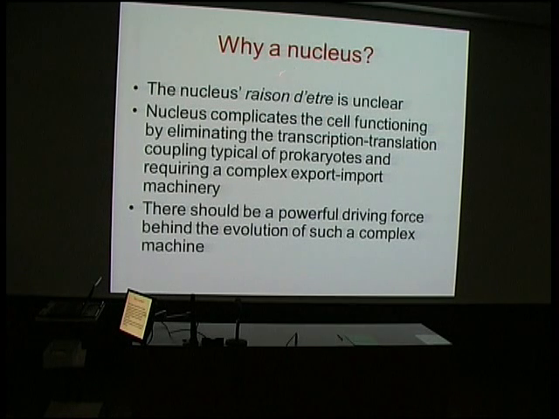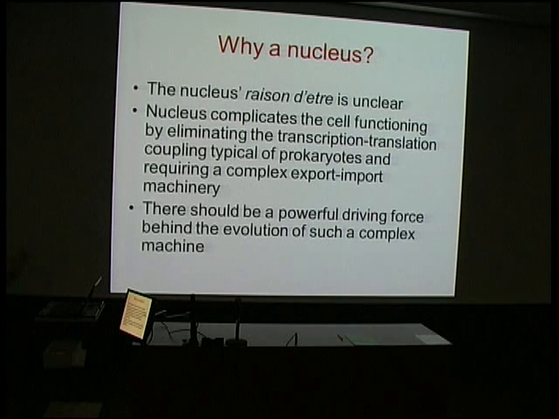So it's natural to ask the question, why would you want to have a nucleus? The raison d'être for having the nucleus is actually very unclear if you think of it, because the existence of the nucleus dramatically complicates the function of the cell by eliminating the highly efficient coupling between transcription and translation that is typical of bacteria and archaea.